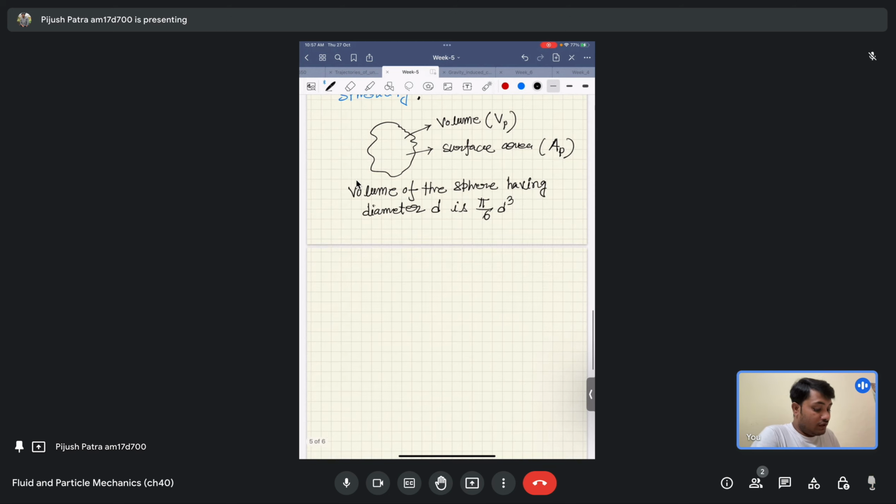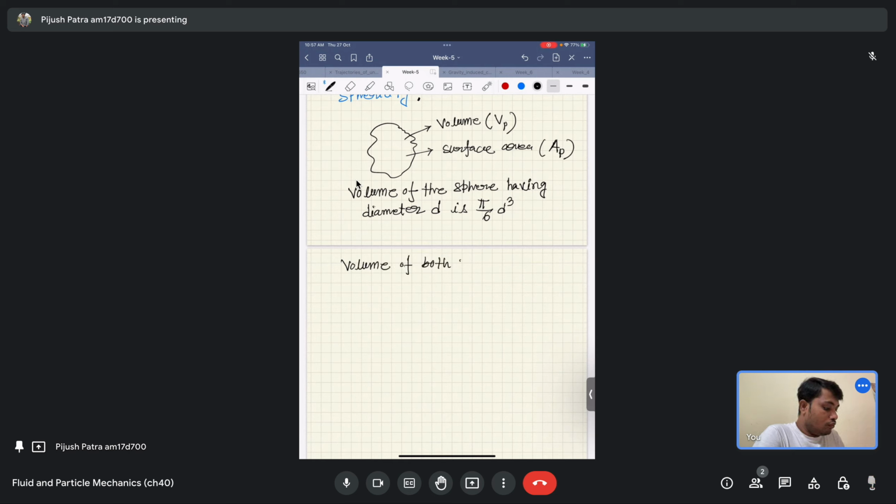And the volume of both the sphere and the arbitrary shaped particle should be the same.